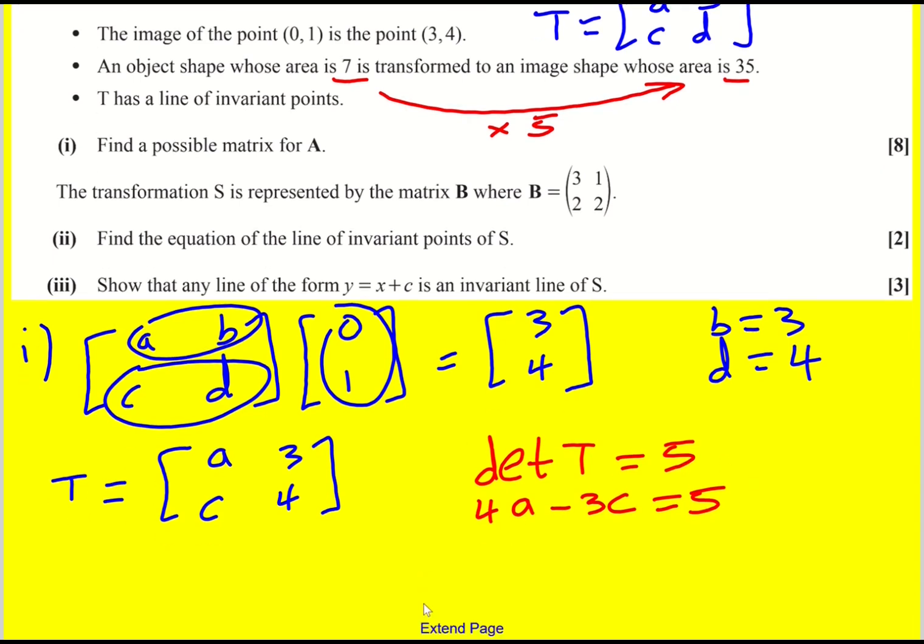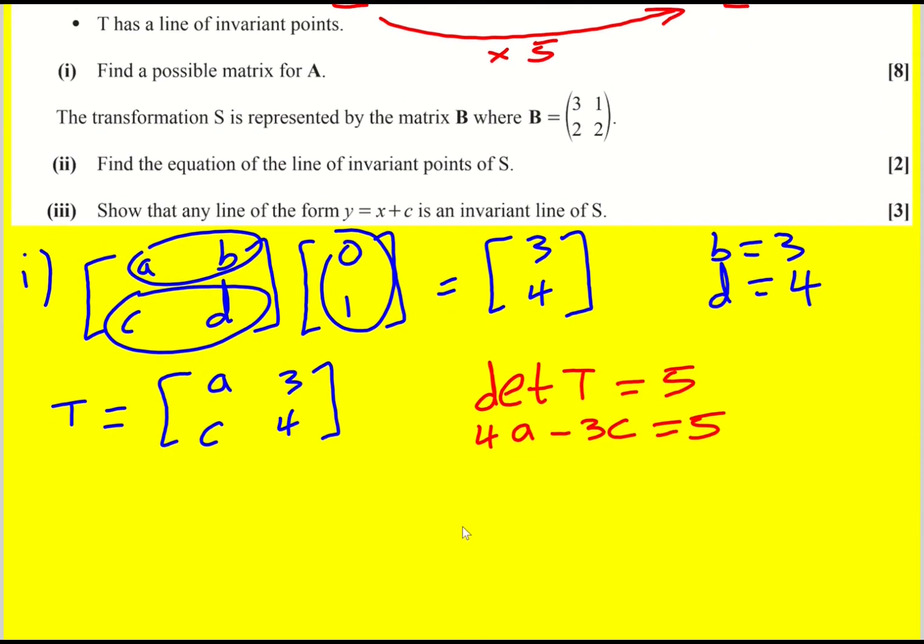And finally, T has a line of invariant points. Okay, well, let's investigate that then. So (a, 3; c, 4) times some point (x, y) on this line of invariant points. Now, an invariant point is a point which, when you apply the matrix transformation, stays exactly where it is.